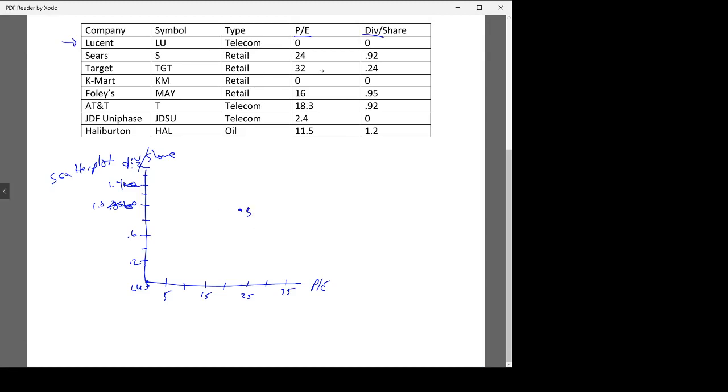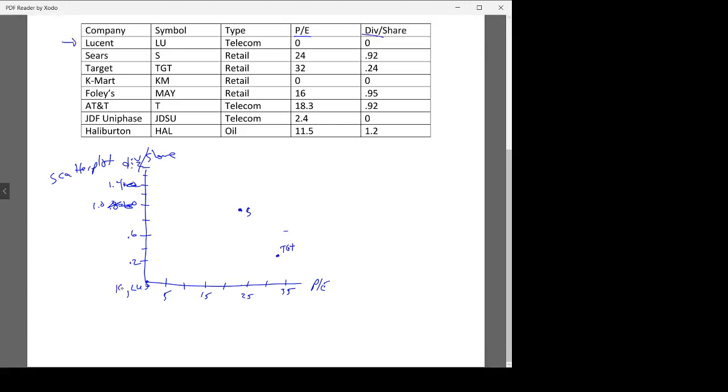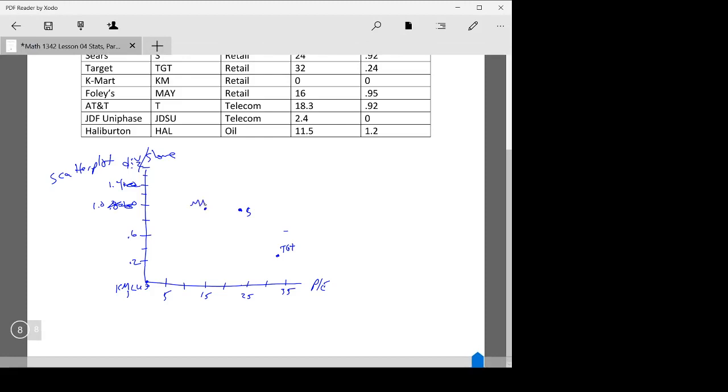And then Target, 32 and 0.24. There's Target. Old data again. Kmart, 0 and 0, so we'll put that next to Lucent. And May is 16 and 0.95. That's May. It used to be called Foley's. Now I think it's still May.